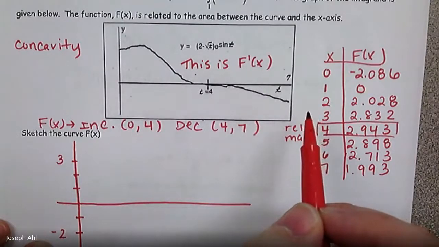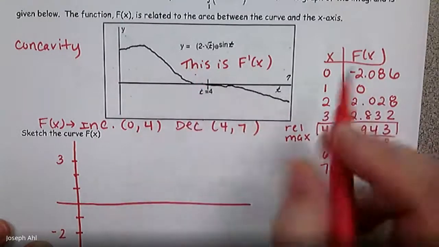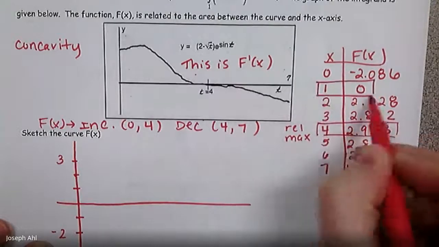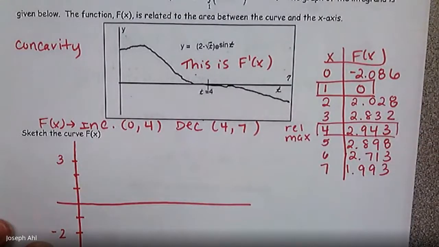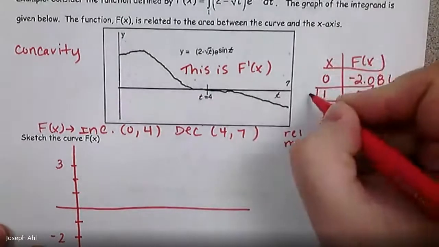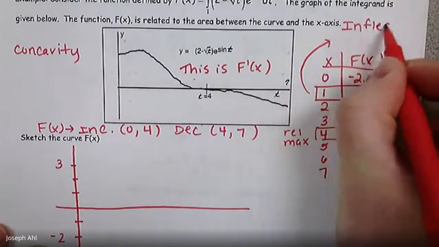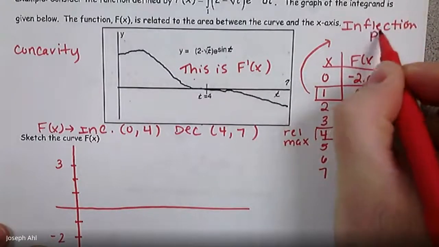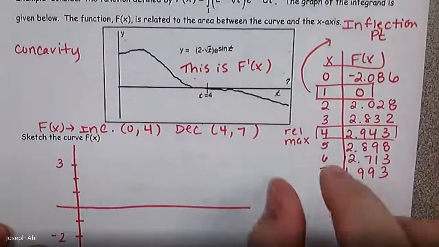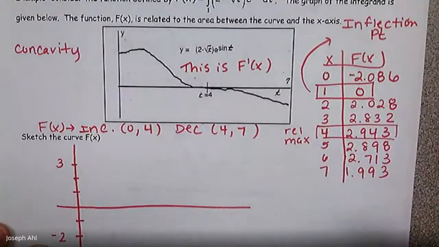Okay. And we know that this point right here at 1, 0, that's going to be an inflection point for the curve, because it's the point at which the slopes are going to become positive and then turn over to negative. Okay.